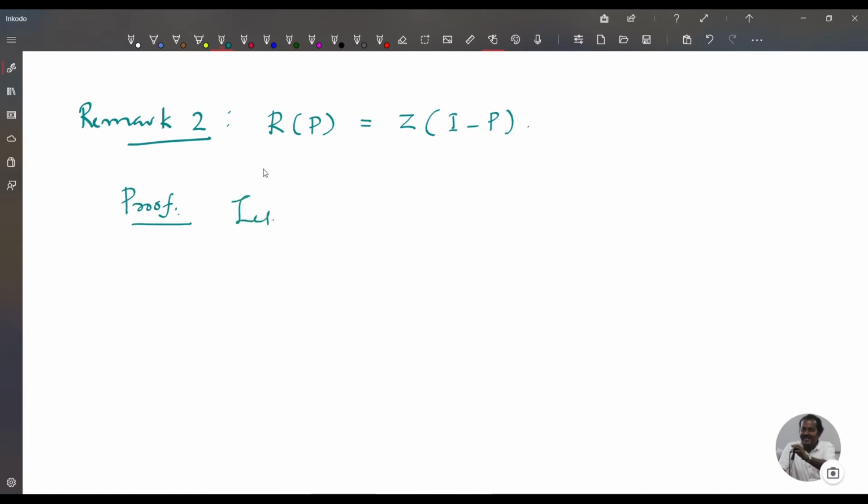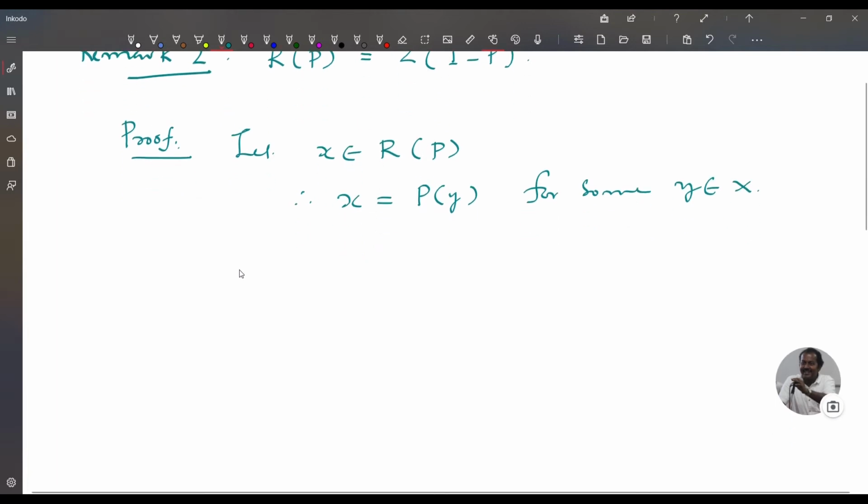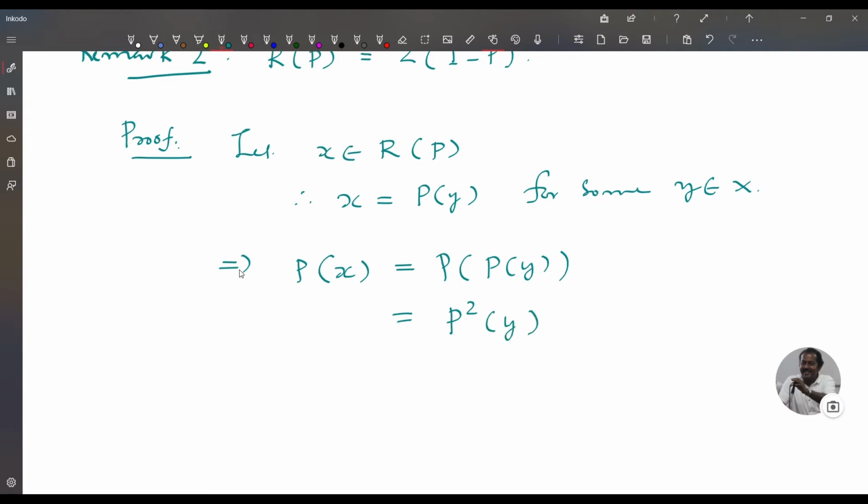Let X belong to the range of P. Therefore, X is equal to some P of Y for some Y in X. So this implies P of X equal to P of Y. So this is equal to P square of Y. So this is equal to P of Y since P is a projection.